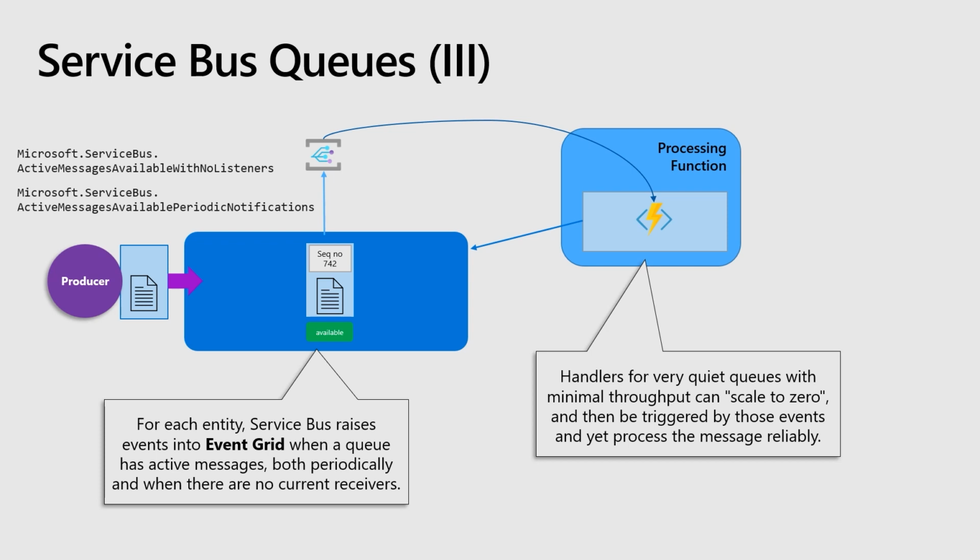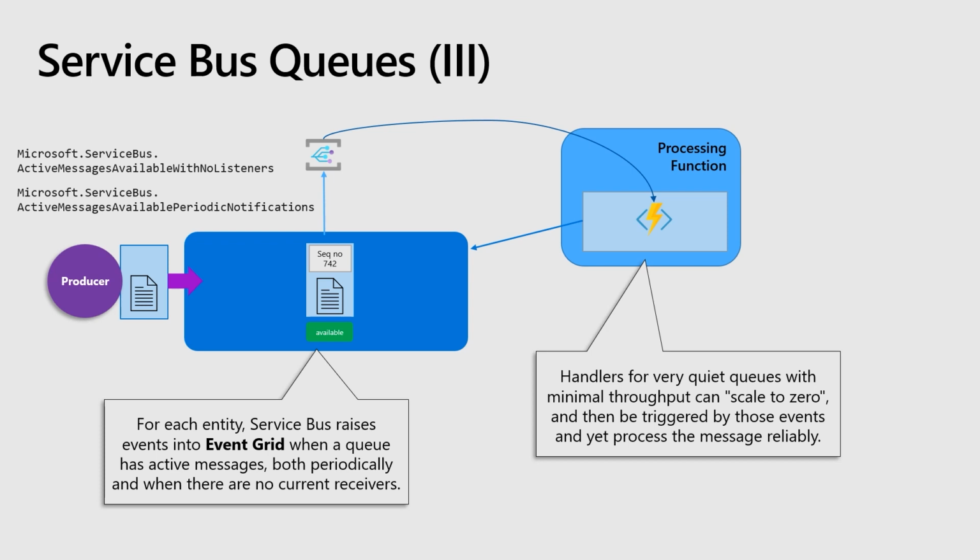So what we do is we have a feature that we expose through Event Grid, where you can use Event Grid to subscribe to the Microsoft.ServiceBus ActiveMessagesAvailableWithNoListeners, or ActiveMessagesAvailablePeriodicNotifications, one of those two events.